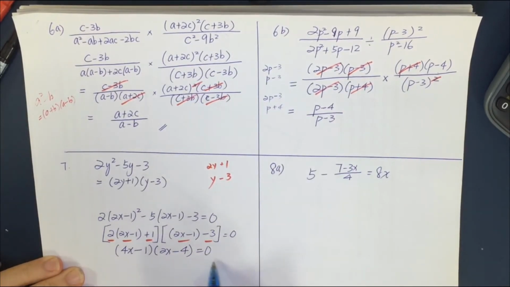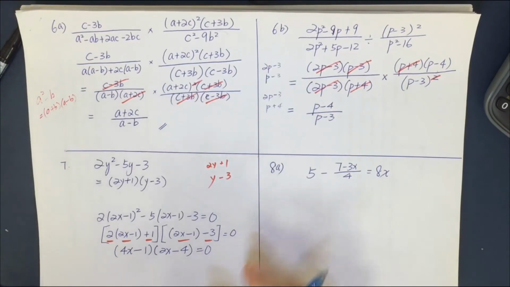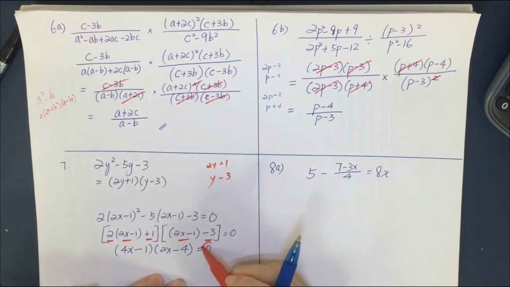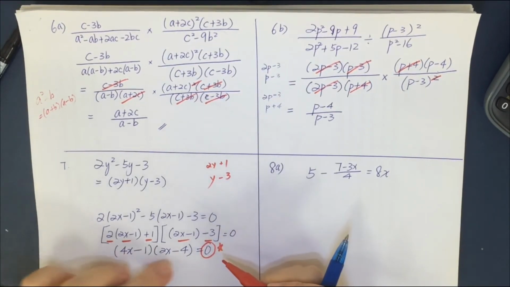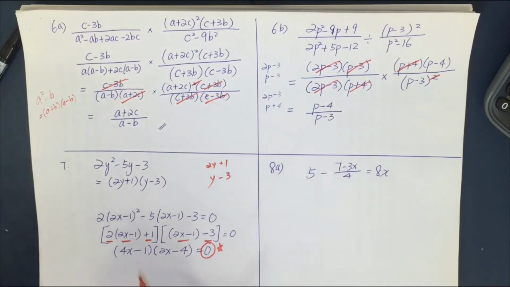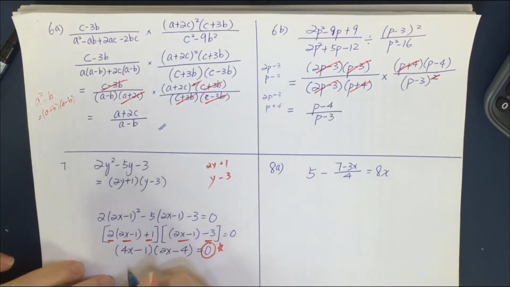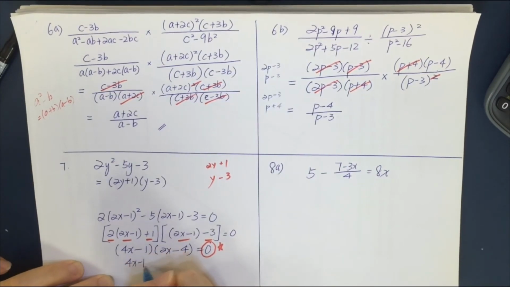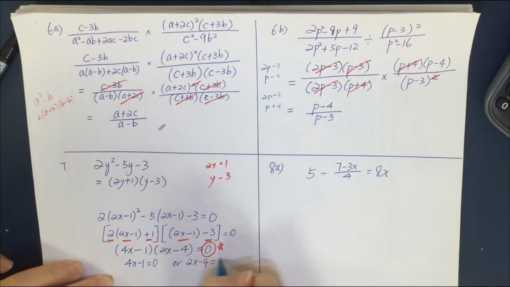So use the factor law again. Remember, this side is a 0. When I have two factors multiplied together giving 0, one of them must be 0, either one of them. So we say 4x minus 1 is 0, or 2x minus 4 is 0.